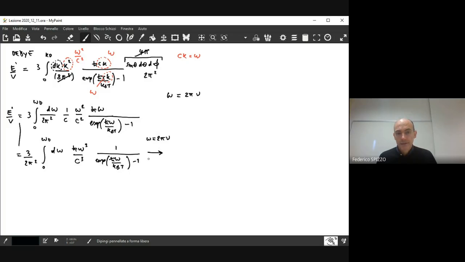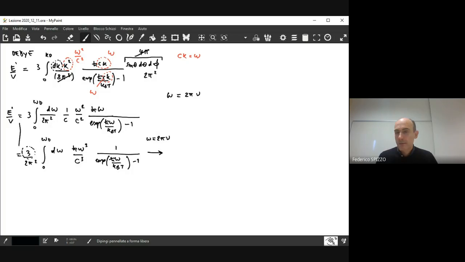And another thing that I should modify, to see whether this expression may or may not be similar to the one that was observed in the case of the black body radiation, concerns this factor here. This factor 3 comes from the fact that if you fix the wave vector, you have 3 possible polarizations for the ionic oscillation. One polarization is longitudinal, and then you have 2 transverse polarizations.